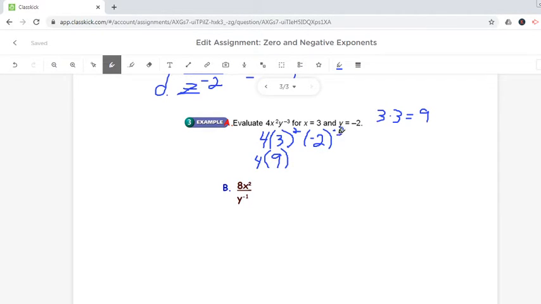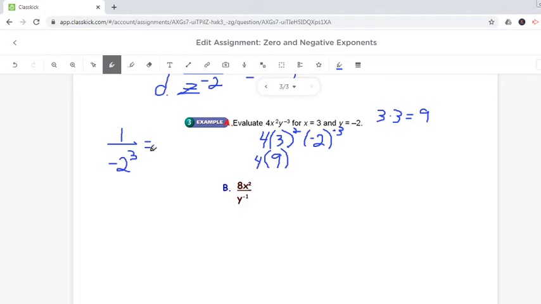And then negative 2 to the negative 3. So this negative exponent, we will need to work on over here. So negative exponent. So that means we do negative 2, change the sign to positive 3 over 1. Okay, and then negative 2 to the 3. So that's 2 times 2 times 2.